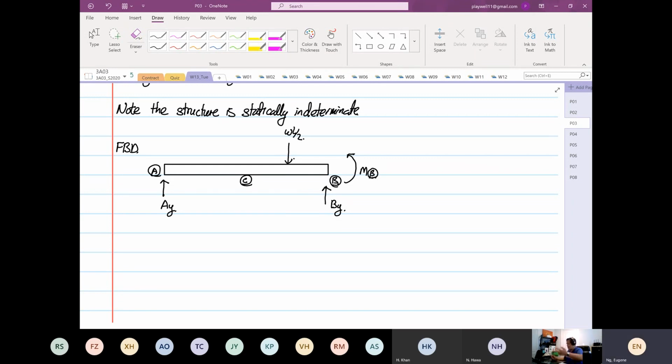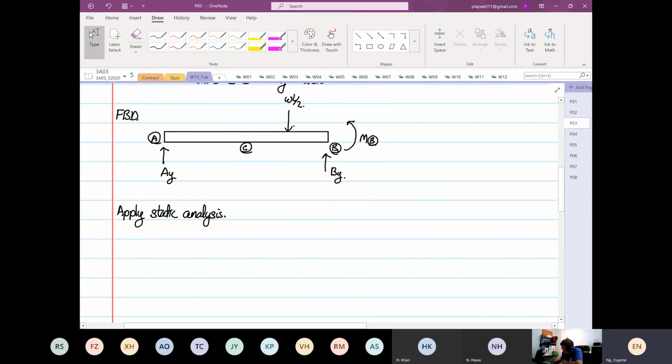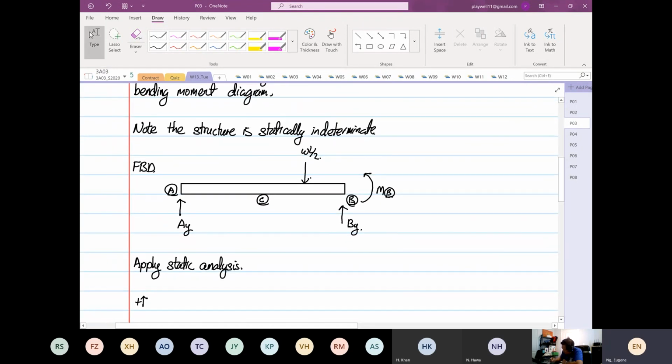So let's say we want to apply static analysis. You say, okay, we can do summation of forces. Let me draw our coordinate system first.